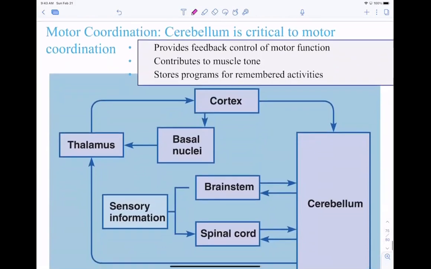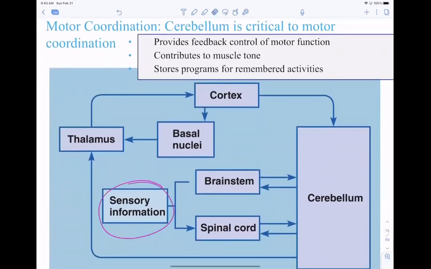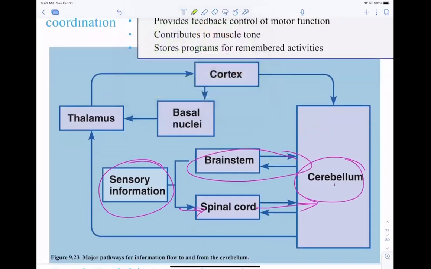And so motor coordination, a lot of times you can see you have sensory information, right? And it's coming into the spinal cord. And the spinal cord is then sending information to the cerebellum. The cerebellum talks to the brainstem. The cerebellum also then will synapse its motor plan.